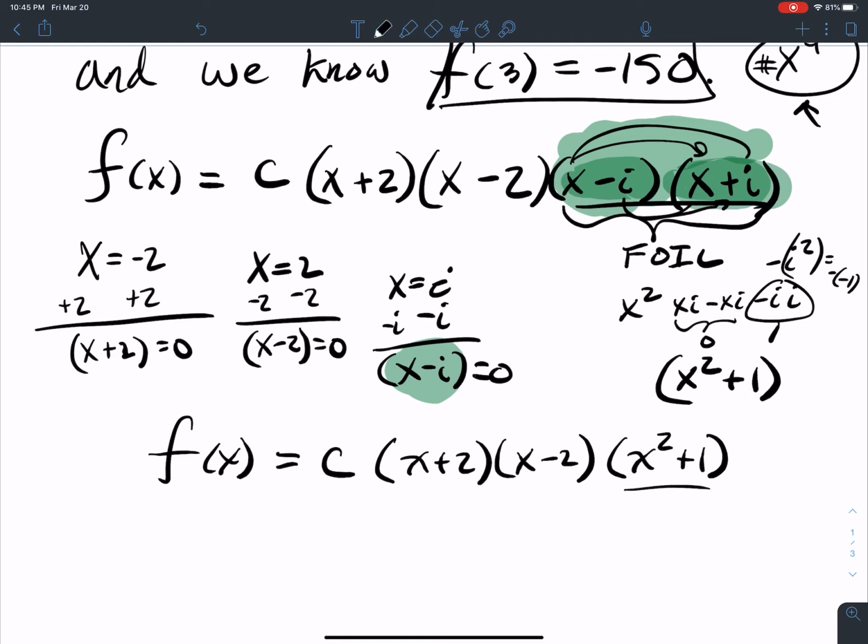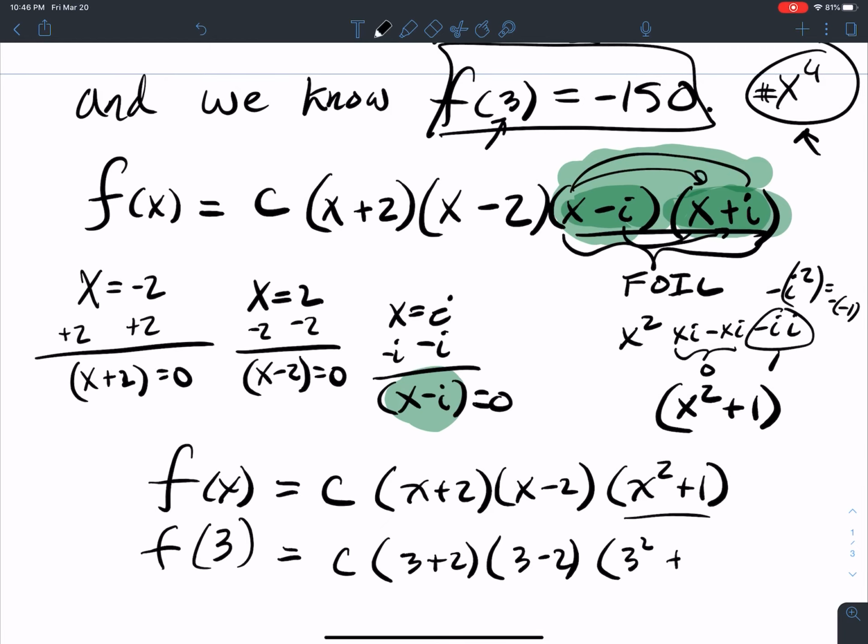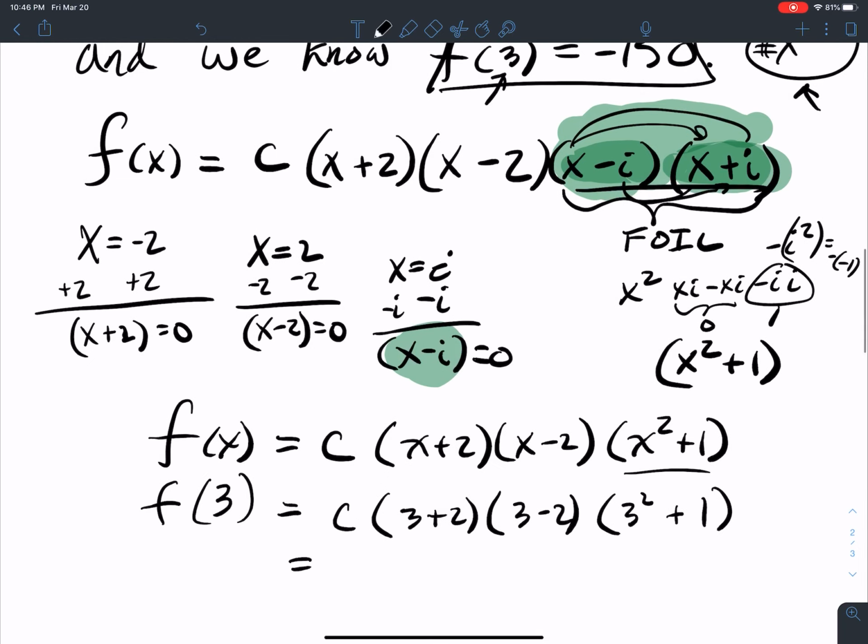So really slick right there. So now when I plug in a 3 for f of x, everywhere I see an x, I put a 3. What am I going to get? I'm going to get c times 5 times 1 times (3 squared plus 1), which is 10.